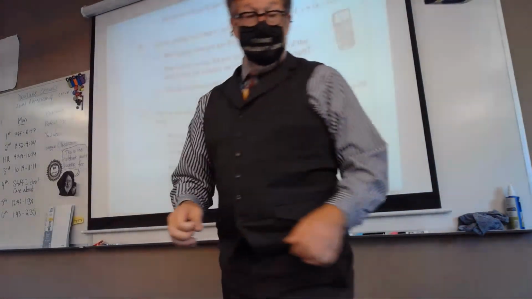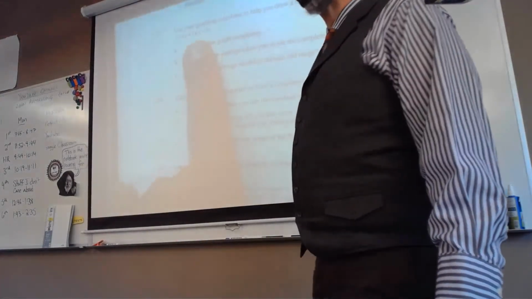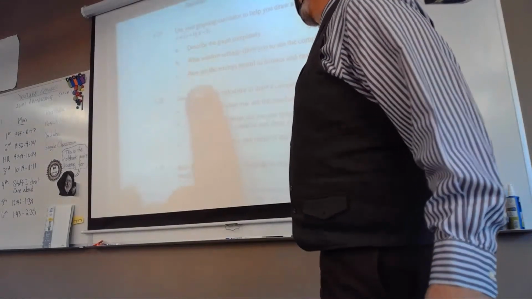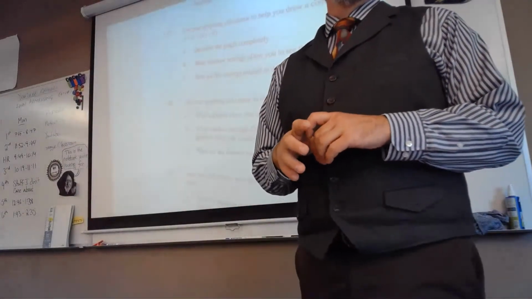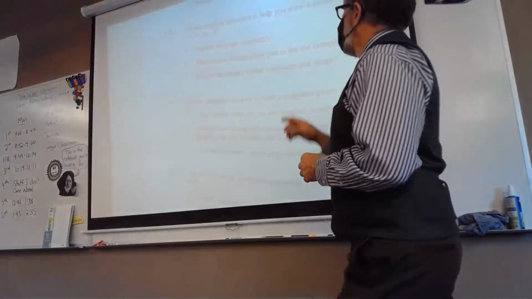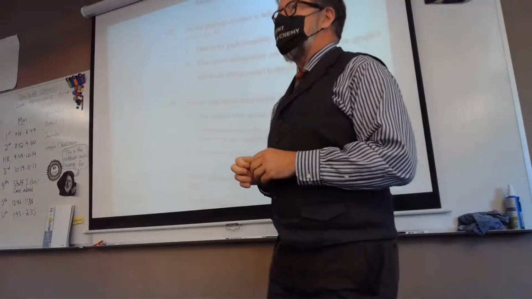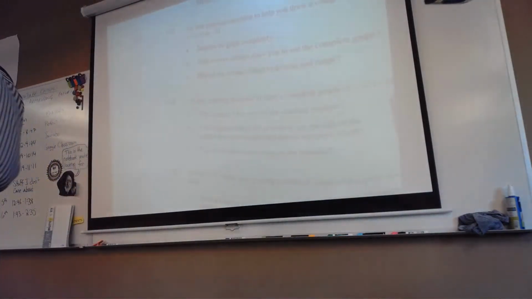I want you to put that equation in your graphing calculator, and then I want you to answer questions A, B, and C, including the question for part B, what window settings allow you to see the complete graph? You're going to have a discussion with your partner. What does that mean, the complete graph?